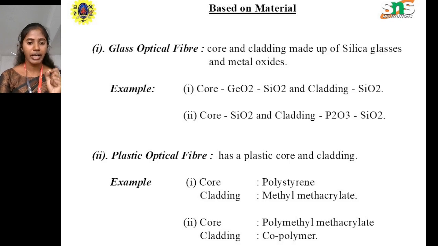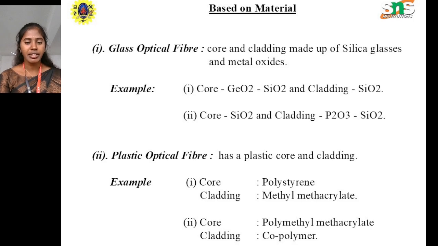For example, the core can be made of germanium oxide and silicon dioxide composites, and the cladding will be silicon dioxide. If the core is silicon dioxide, the cladding is a P2O3 and silicon dioxide mix. The core's refractive index must be higher than the cladding's, which is why we choose this type of materials.